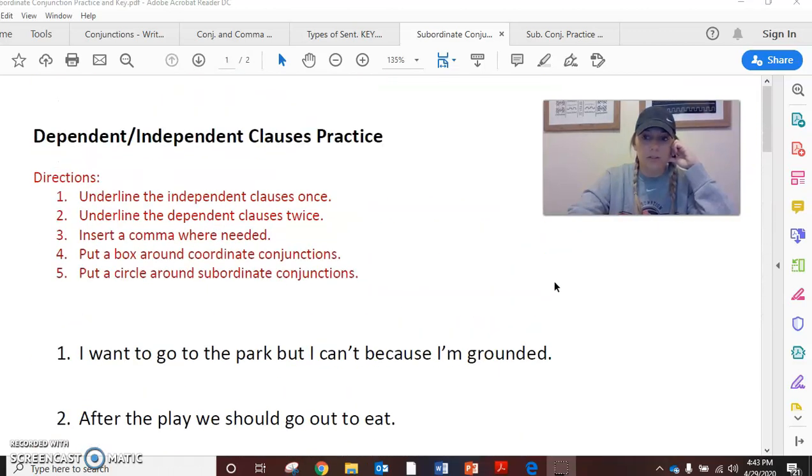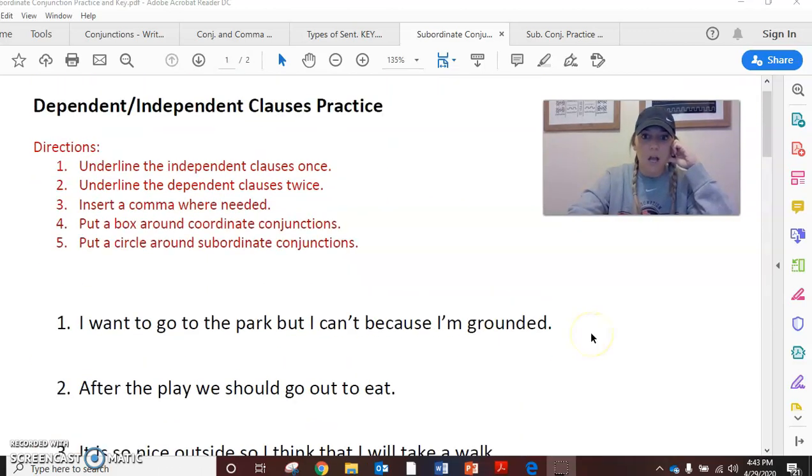So if you scroll to the second page, you can check your answers. But I give you some directions, okay? When I talk about independent and dependent clauses, I always underline the independent clauses once. I underline the dependent clauses twice. You should also insert a comma wherever you need a comma, and you can put boxes around the coordinate conjunctions and circles around the subordinate conjunctions, okay?